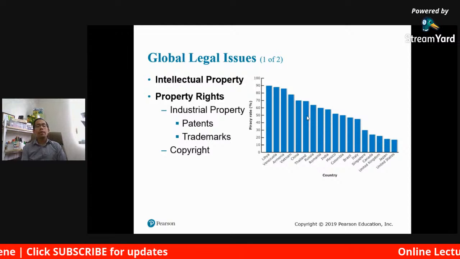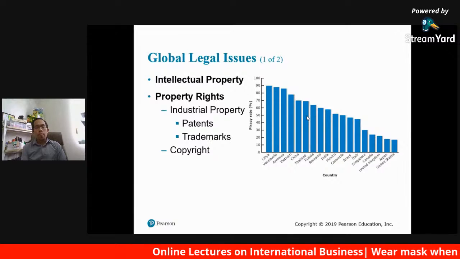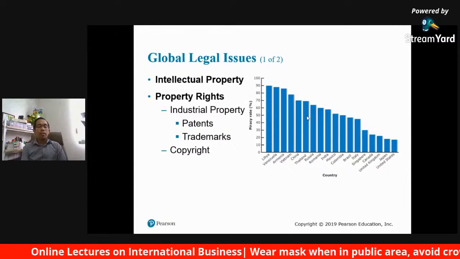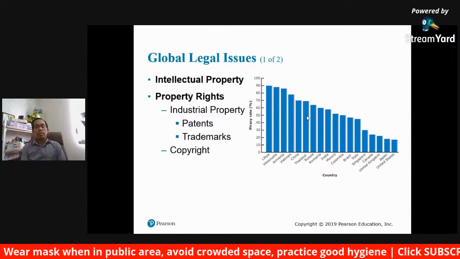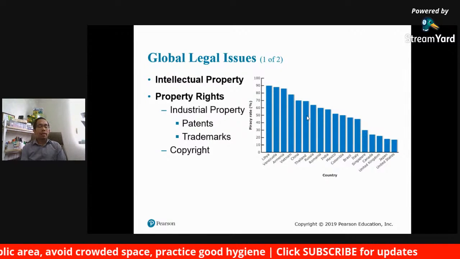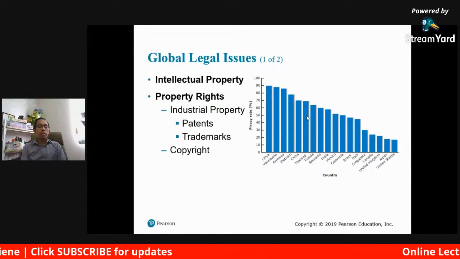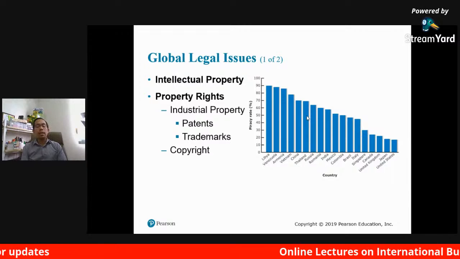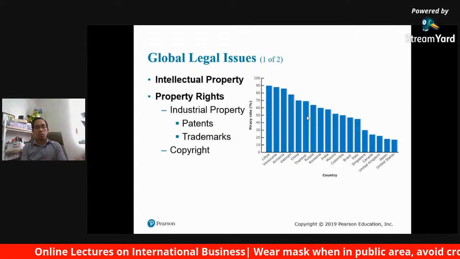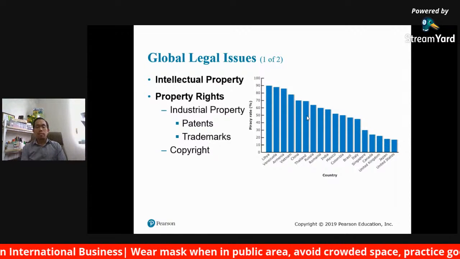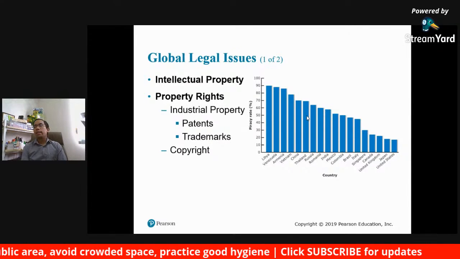If you don't have it, for example, I wrote a book, and someone copies, reproduces the material and sells it to the market, it gives me a loss, because you cannot get revenue from that activity as it was taken by someone else. But you have the right to sue those people who have done that.